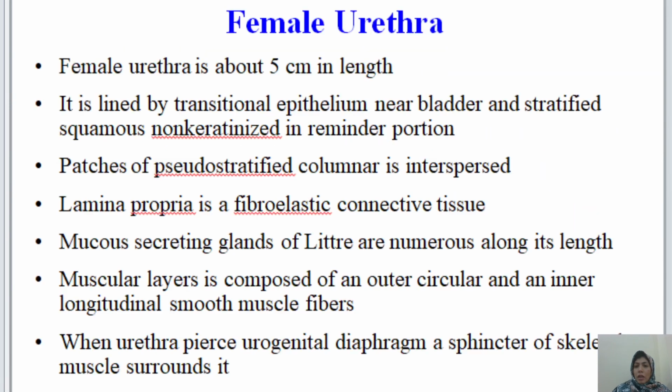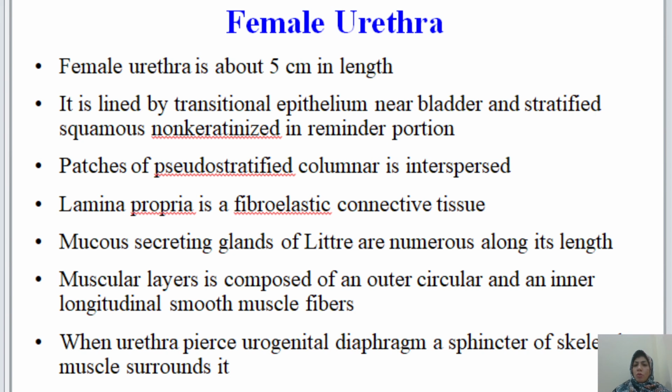The female urethra is about 5 centimeters in length, and it is lined by transitional epithelium near the bladder and stratified squamous non-keratinized epithelium in the remainder.